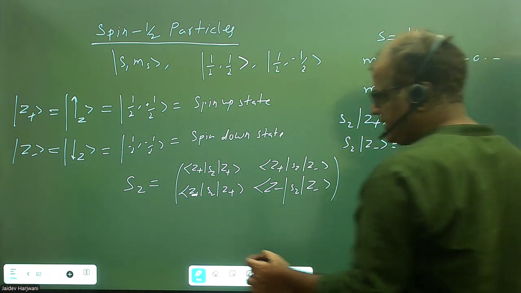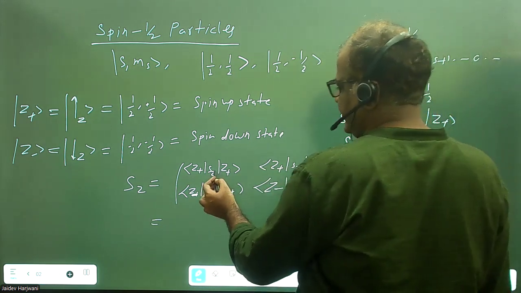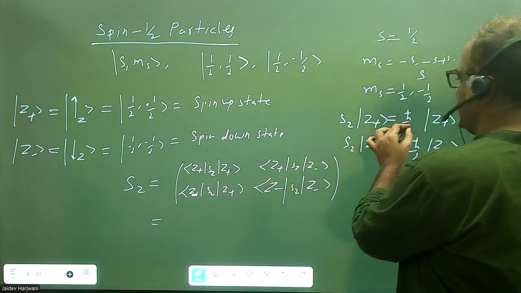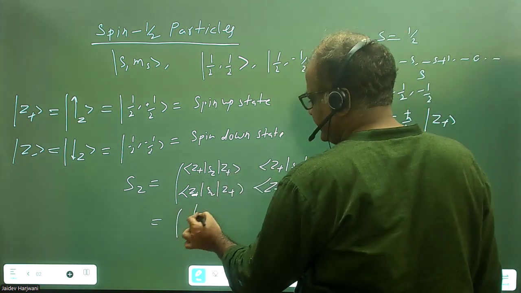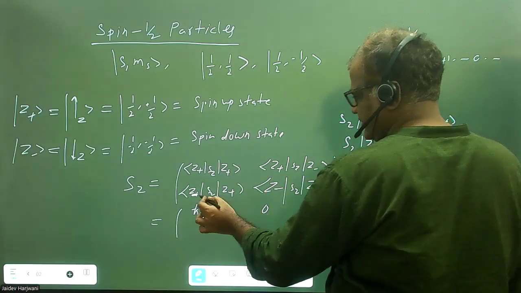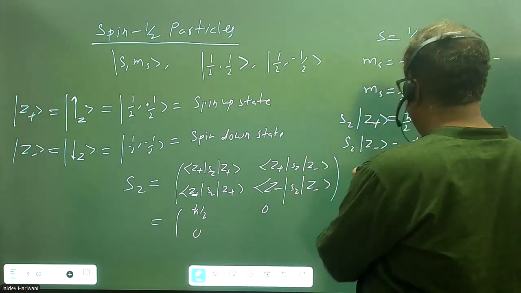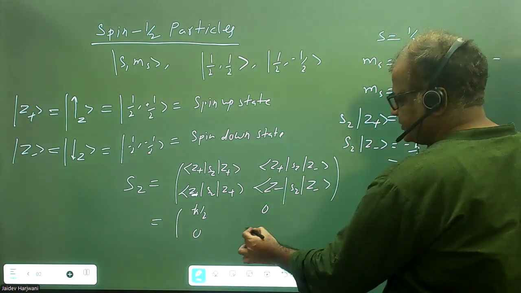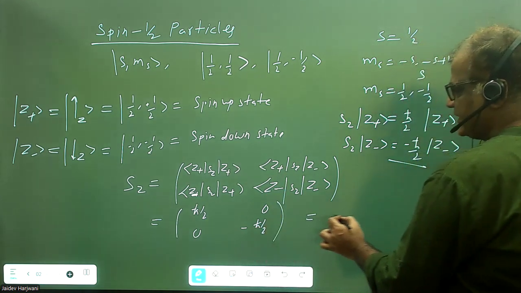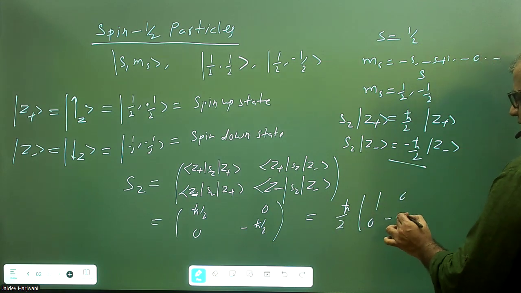Now let me write the matrix form here. When Sz operates on Z plus, the state doesn't change. You get ħ/2. So I can write here ħ/2. This element will become 0, this element will become 0, and this element will become minus ħ/2. So my Sz matrix becomes ħ/2 times the matrix (1 0; 0 -1).